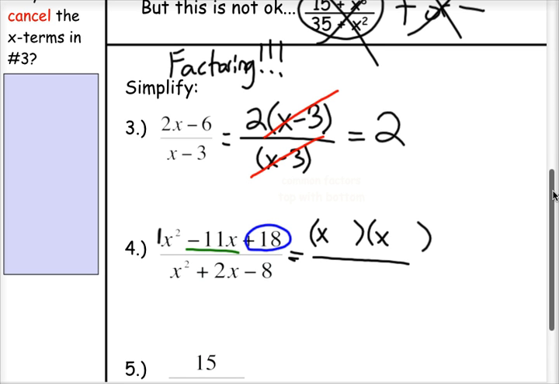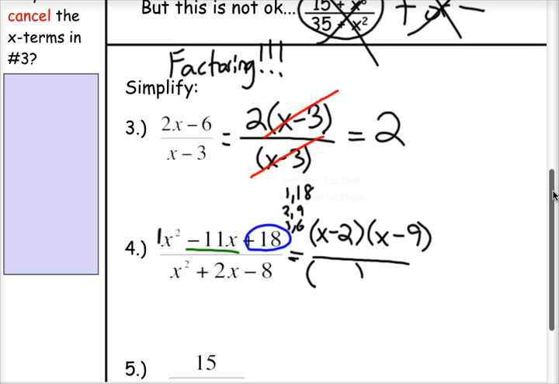Again, how do you multiply to be positive, add to be negative? The only way, 2 minuses. Now, what combination works? That 18, we can have 1 and 18, 2 and 9, 3 and 6. Well, the one that gives you that negative 11x is going to be minus 2 and minus 9.